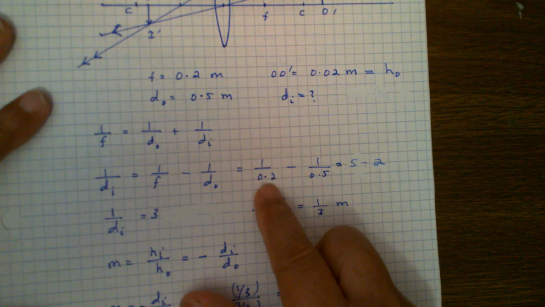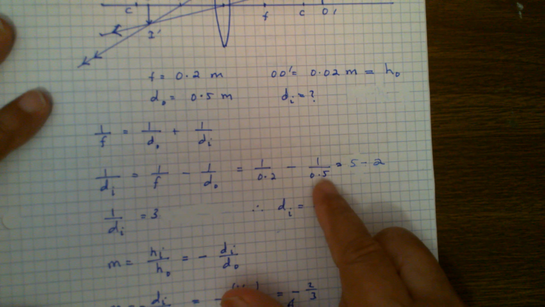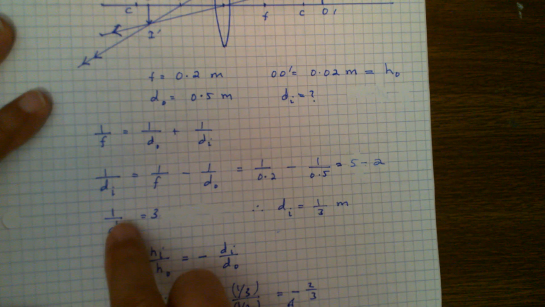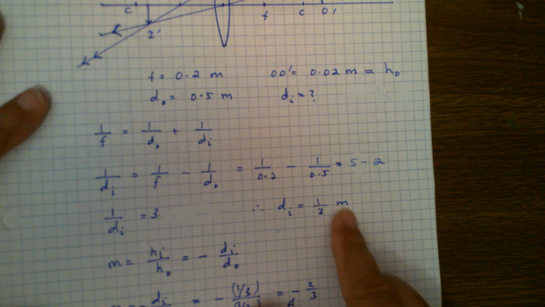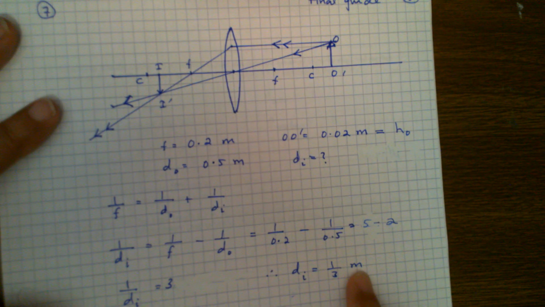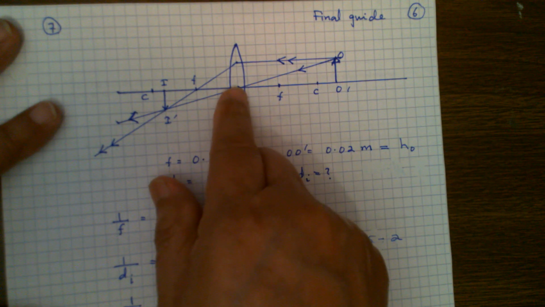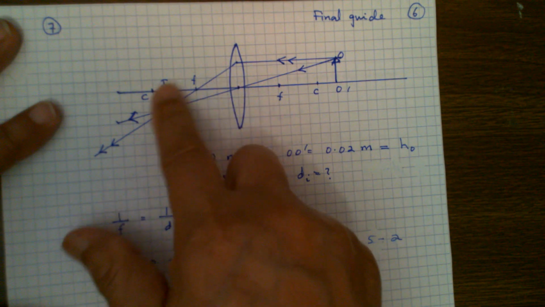So 1 by 0.2 is 5, 1 by 0.5 is 2. So the answer is Di is equal to 1 by 3 meters. So the image distance is 1 by 3 meters. From here to here will be 1 by 3 meters. That's the image distance.